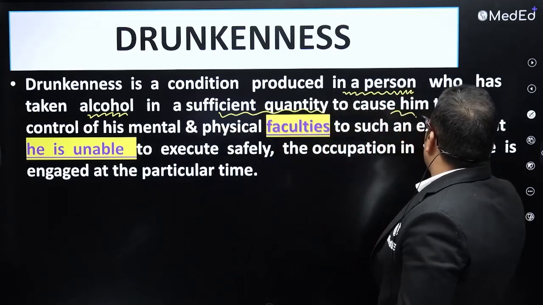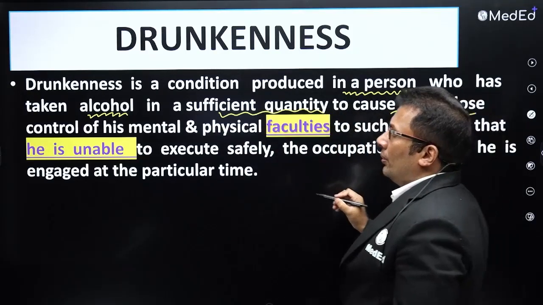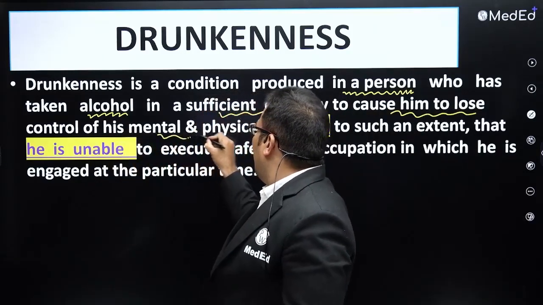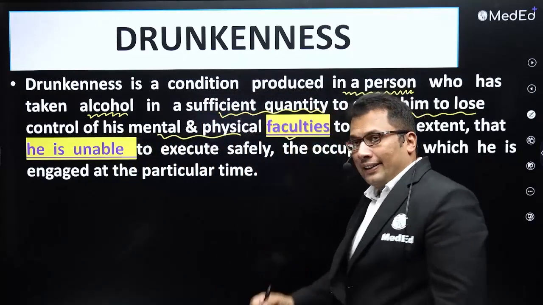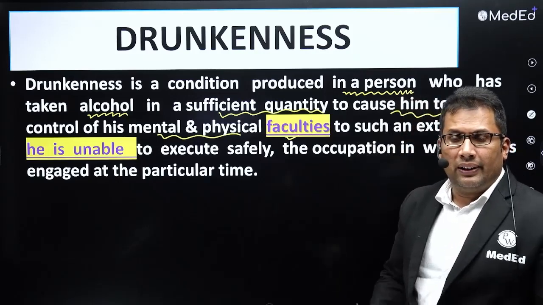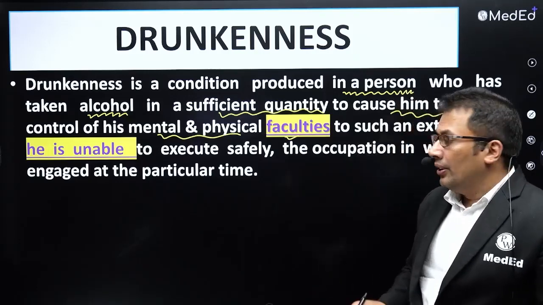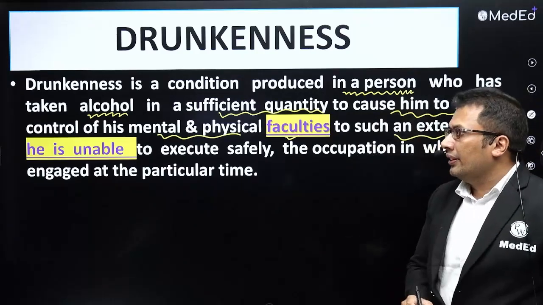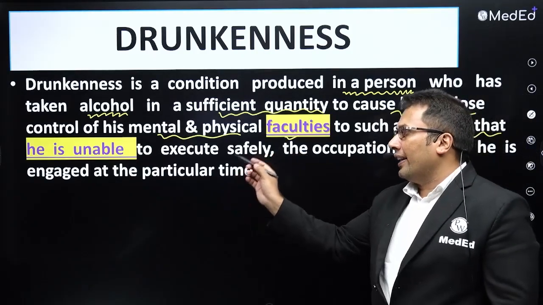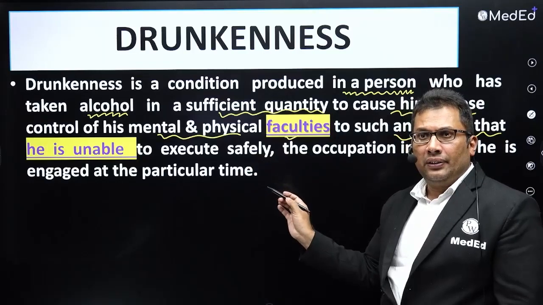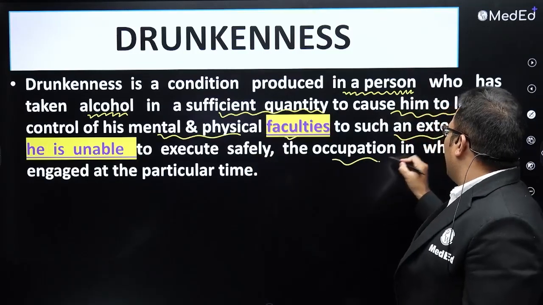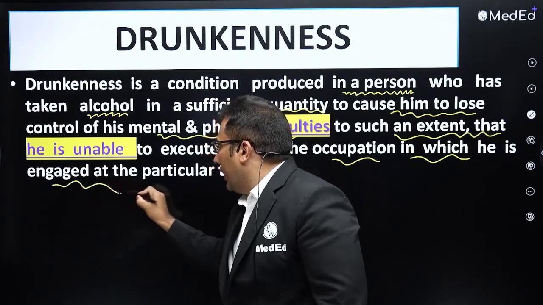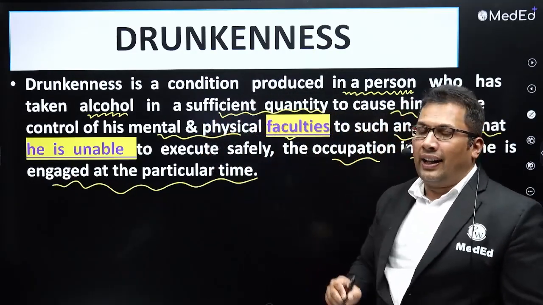In a sufficient quantity to cause him to lose control of his mental and physical faculties, to such an extent that he is unable to execute safely the occupation in which he is engaged at the particular time.